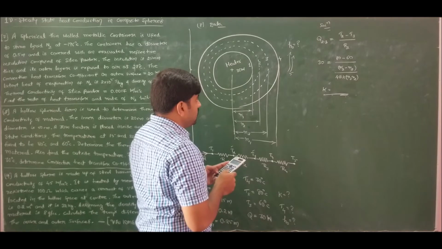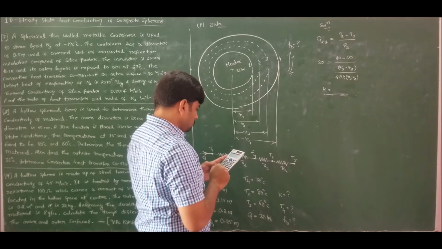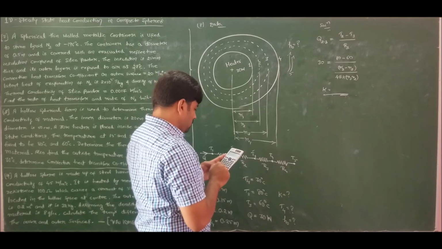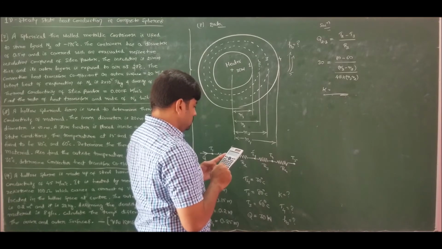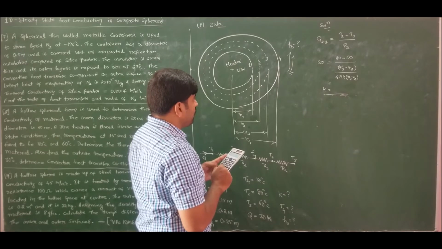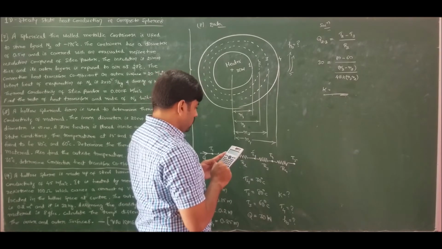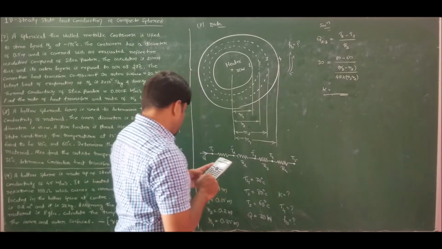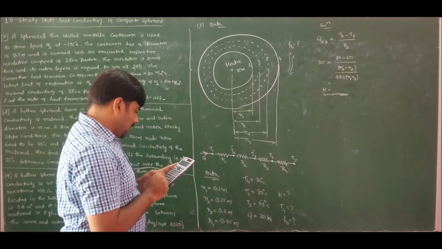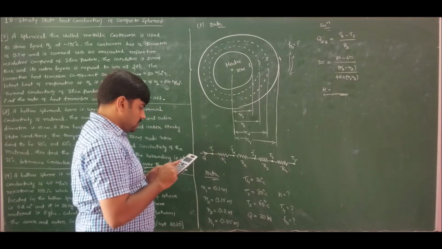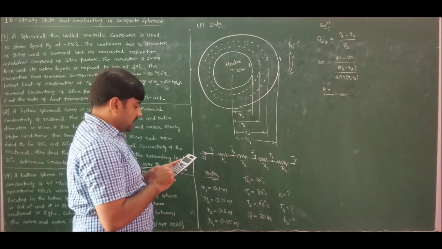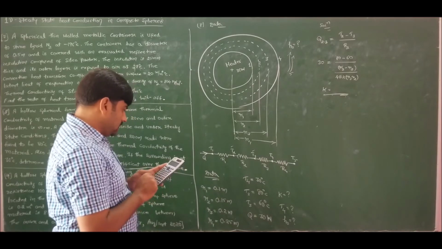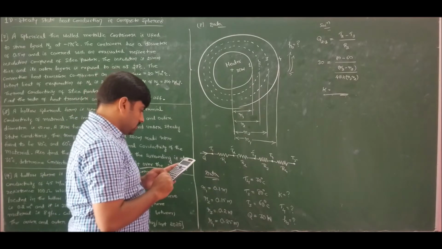So thermal conductivity K will be 30 divided by 80 minus 60, divided by 4 into pi into R3 R2, where R3 is 0.2 and R2 is 0.15, whole multiplied by R3 minus R2, which is 0.2 minus 0.15.